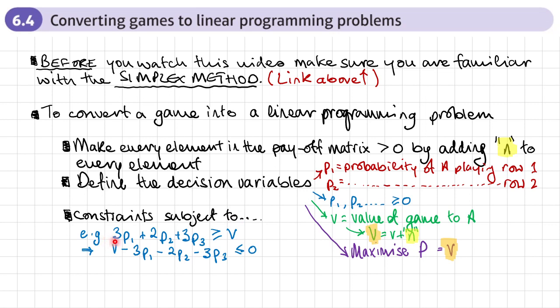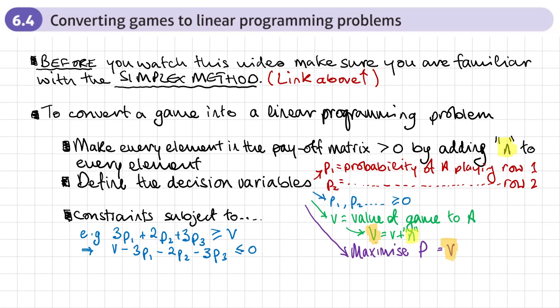We may have a constraint written down something like this: 3P1 plus 3P2 plus 3P3 is greater than or equal to V. I'll show you in examples where these numbers come from. We'd rearrange it, bringing everything to one side, so that constraint becomes V minus 3P1 minus 2P2 minus 3P3 is less than or equal to 0.